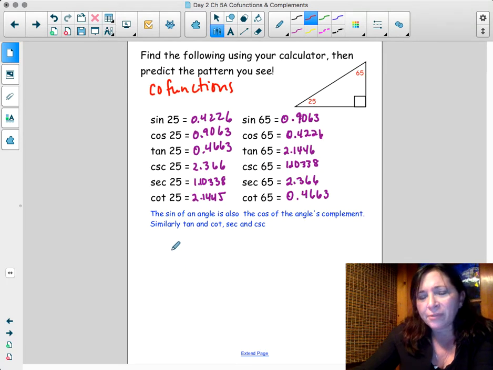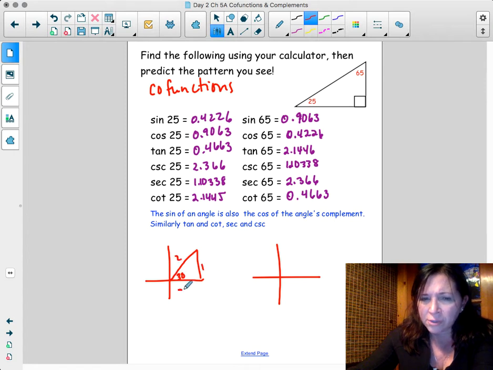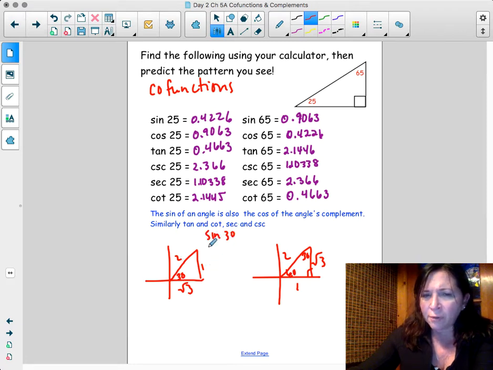So basically, day 1, the other day when we did our introduction to trigonometry, we talked about 30, 60, 90 degrees. So across from the 30 is 1, to square root of 3. And across from the 60 was root 3. And that meant that was my 30. So that's your 1, and this is your 2. If I wanted to find sine of 30 degrees, that's going to be opposite over hypotenuse. That's 1/2.